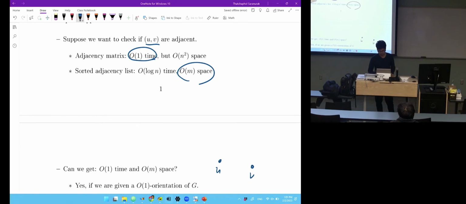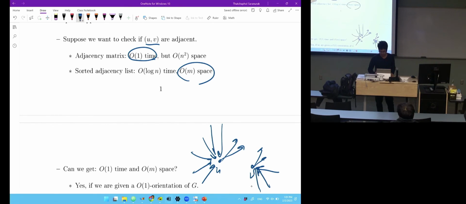You might have a bunch of in degree, it can be n, but the out degree is small. Now you know that the edge between u and v must point out from u or from v.